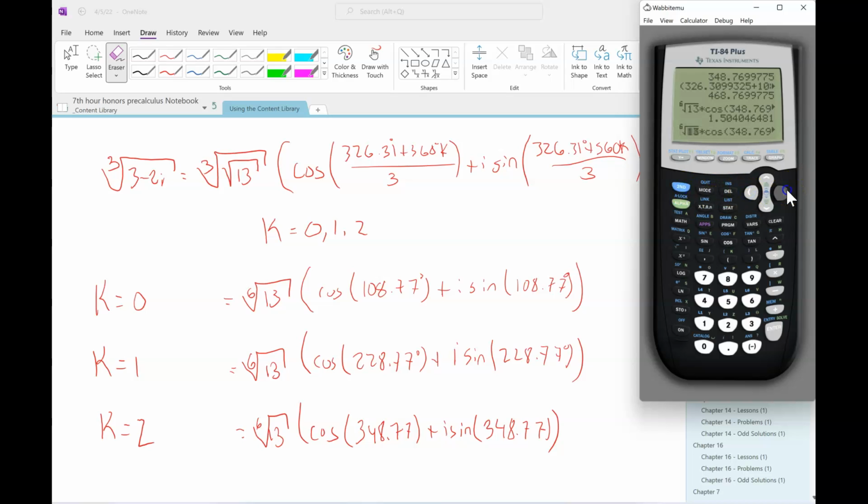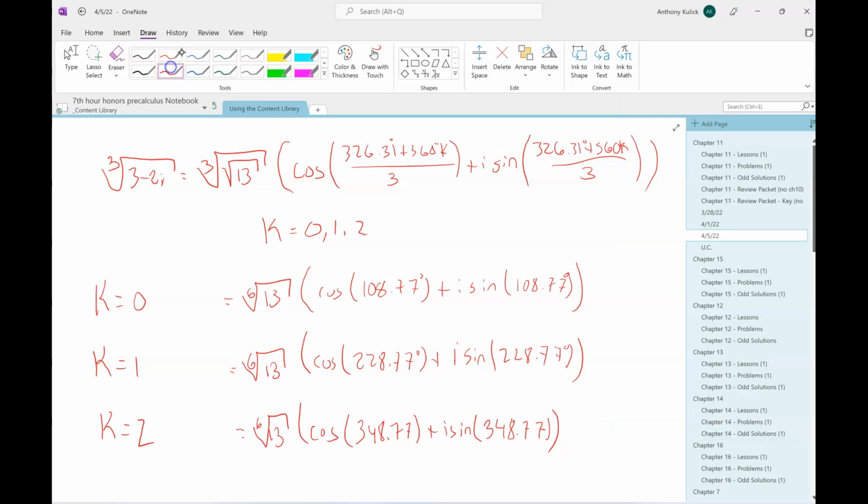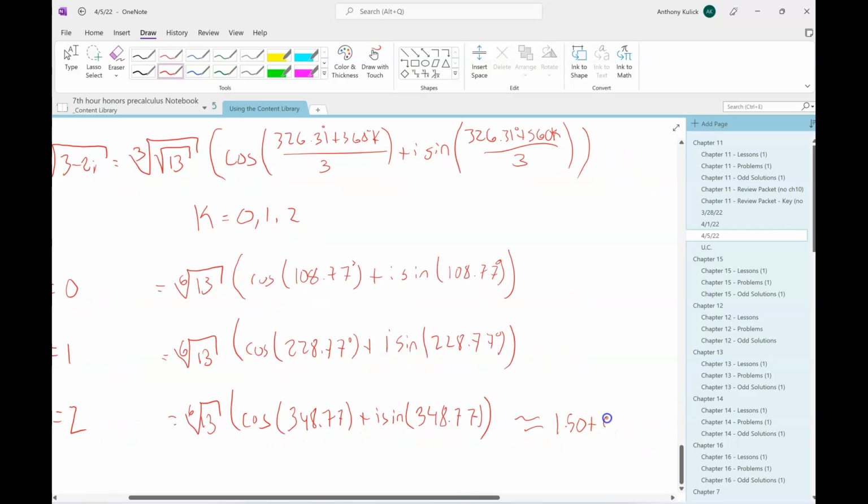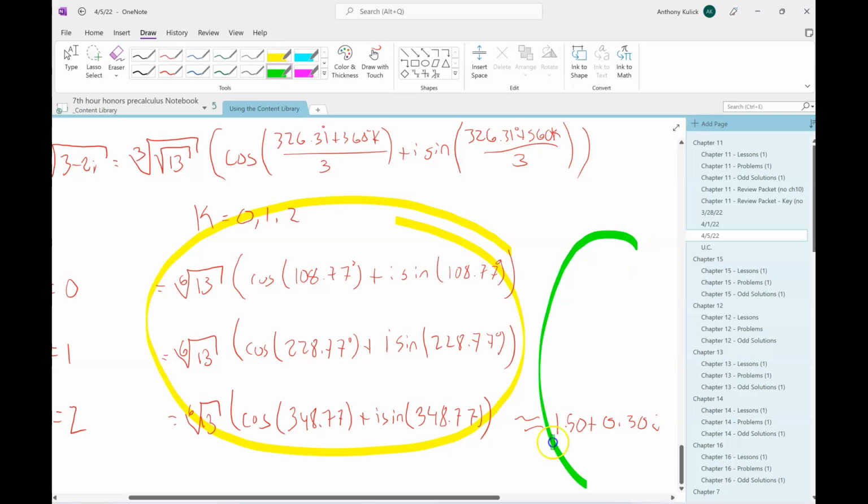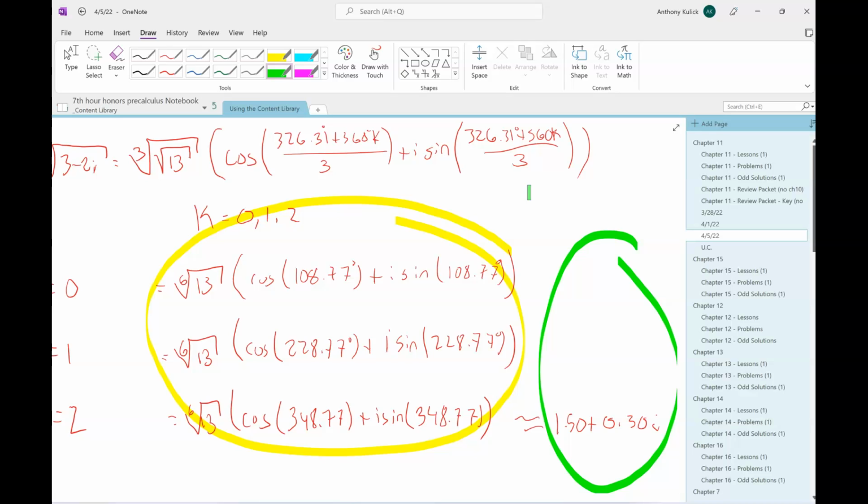And then do the same thing with a sine. Negative 0.30 and stick an i at the end. So again, these would be our trigonometric form answers, and these would be standard form answers. Depending on what the question was asking for, either of these could be acceptable. Just depends on the direction.